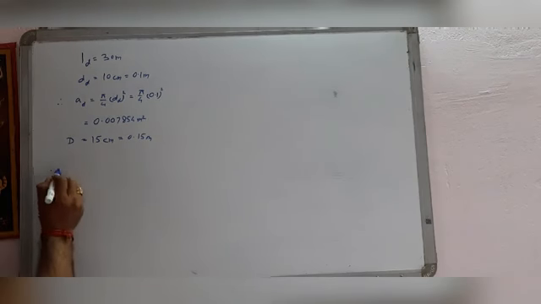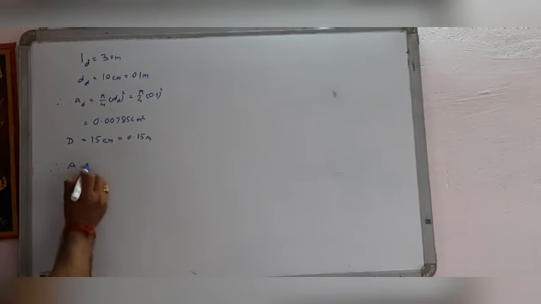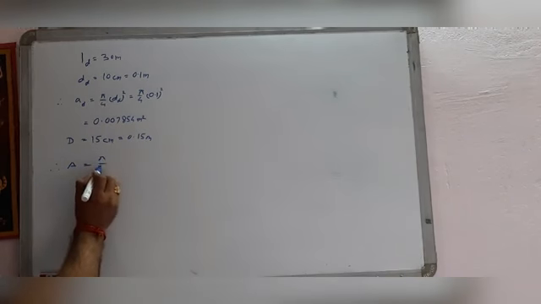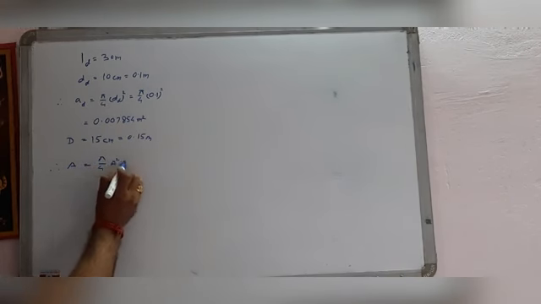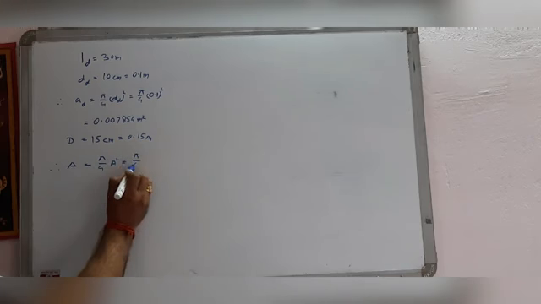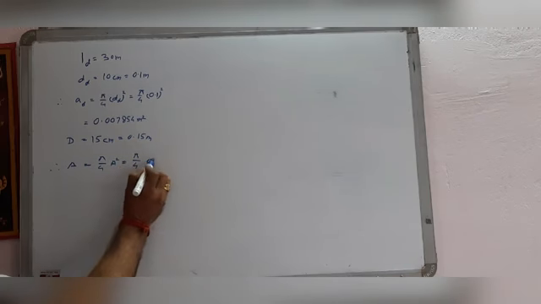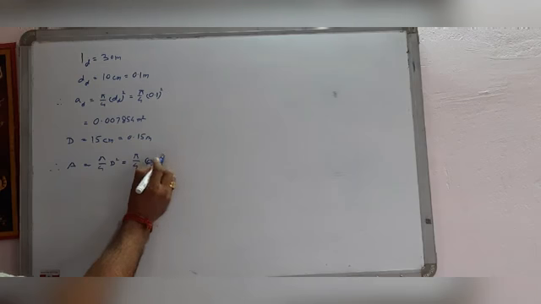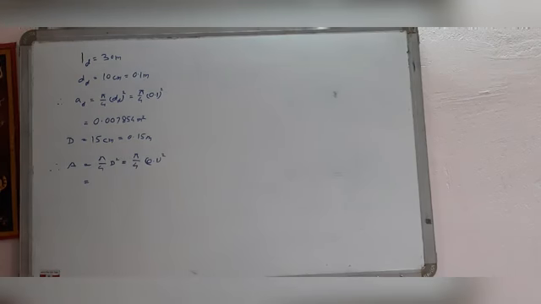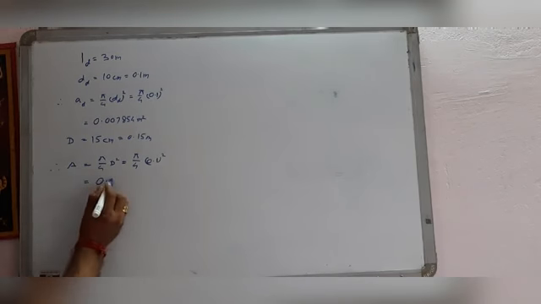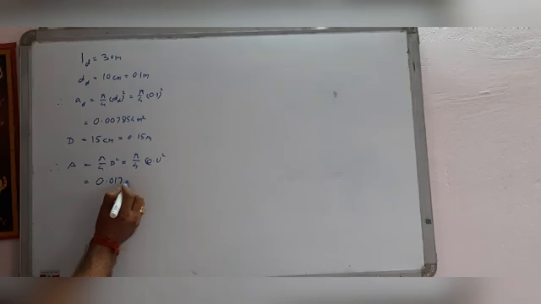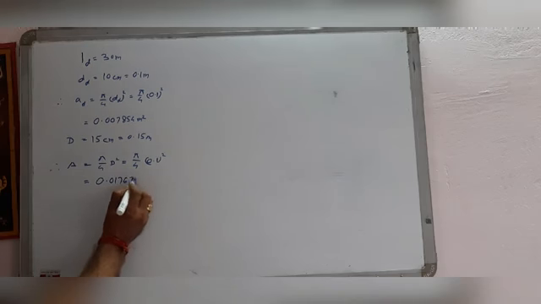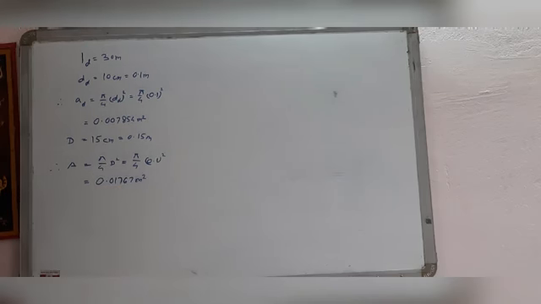So area of plunger equal to pi by 4 d square, and this area is 0.01767 meter square.